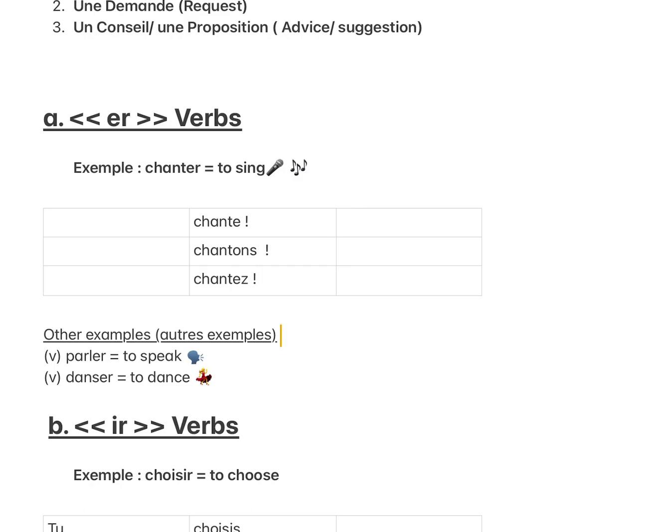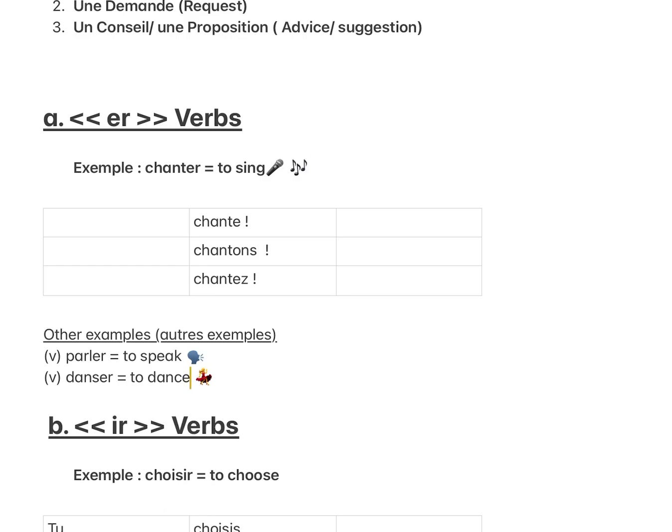Apart from that, we have other examples of regular ER verbs like parler, which means to speak, and danser, which means to dance. So to make the imperative form for these two verbs, we will be following the same steps that we just saw.